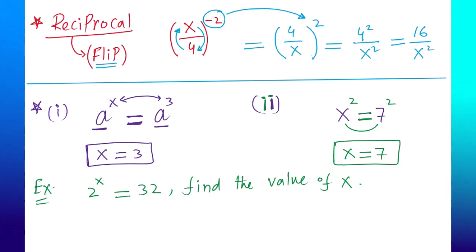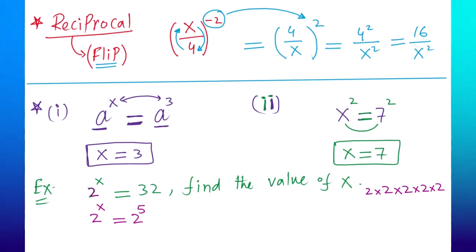The base here is 2, so we write 2 power x is equal to, and you have to think: 2 how many times will give you 32? 2 times 2 is 4. 4 times 2 is 8. 8 times 2 is 16. And 16 times 2 is 32. It means 2 to the power 5 will give us 32.